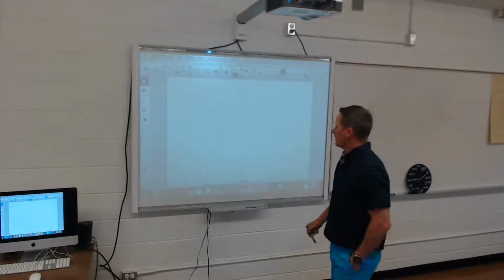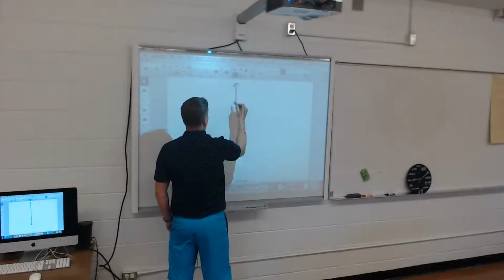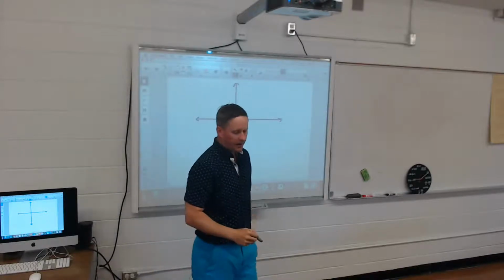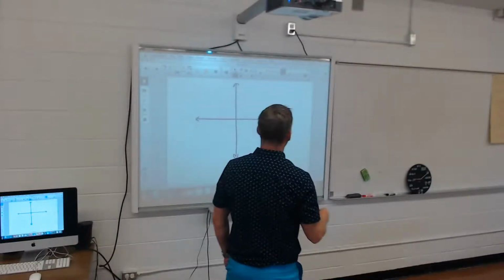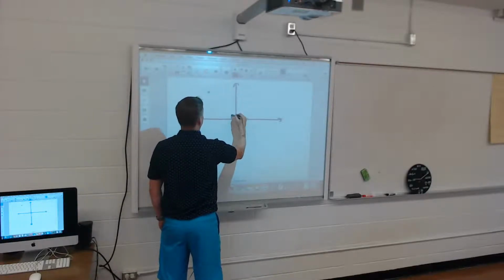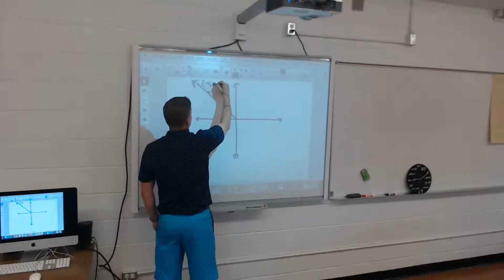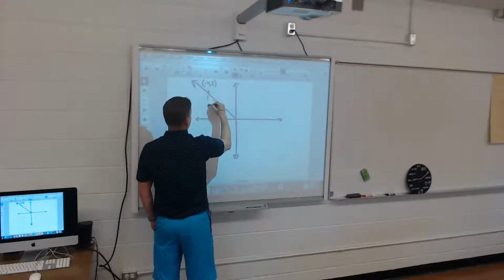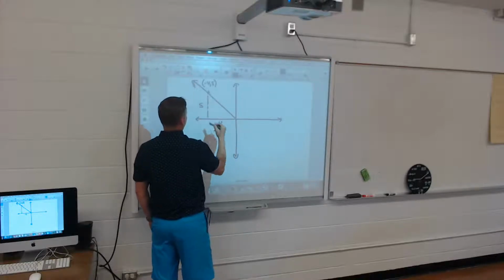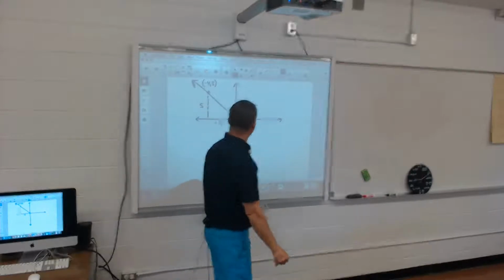So in 2.2, I have the coordinate -4 and 5, which is somewhere up here. So that makes this -4 and this 5. Okay, so I draw that out.